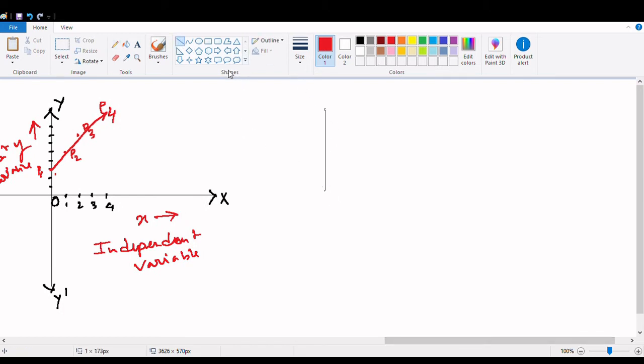So this is the axis of the independent variable, and this is the axis of the dependent variable.